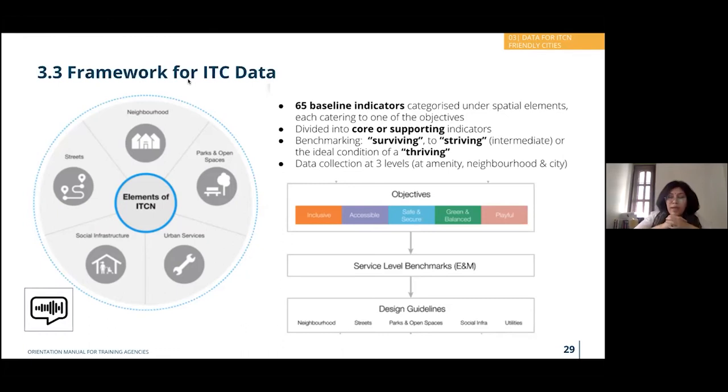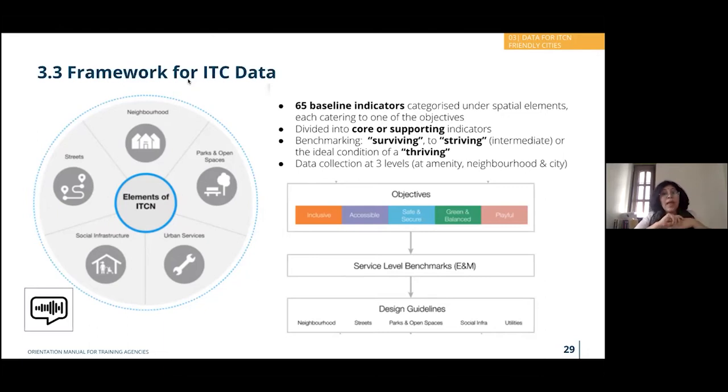Striving, if we understand striving, that means I'm striving to get better, right? So if you fall in the striving category, it essentially means that the city is trying to get better and trying to incorporate the needs of ITC into all their programs, into their policies.